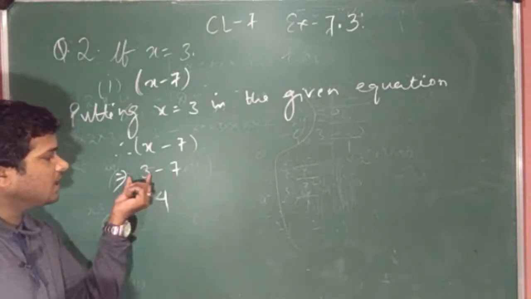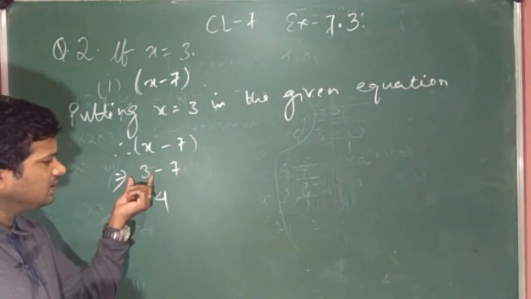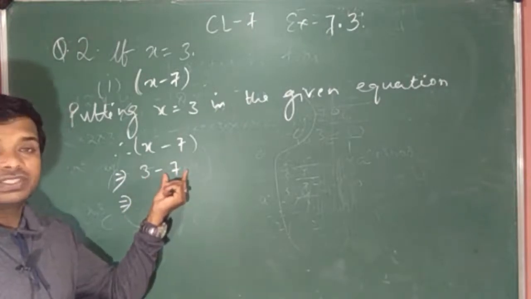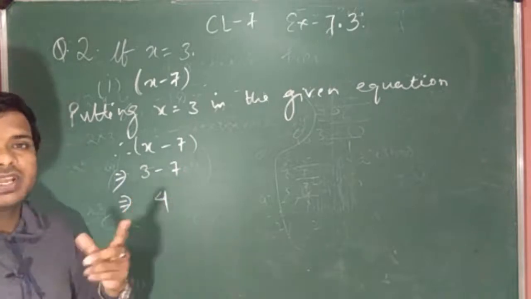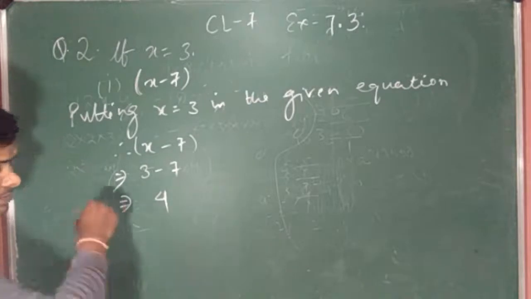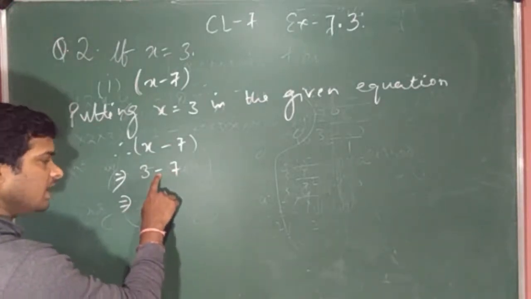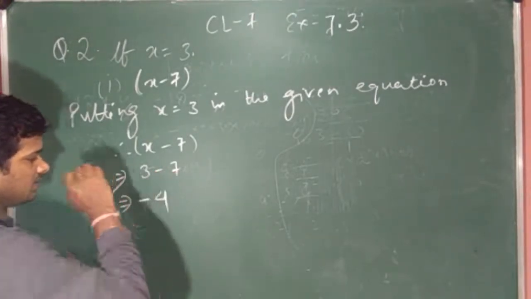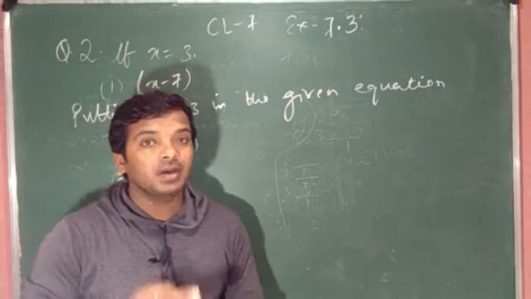But here one is plus and one is minus. 3 is smaller than 7, and 7 is bigger, so we take the sign of the bigger number, as you studied in previous classes. The sign of 7 is minus. So the solution for Roman number 1 is minus 4.